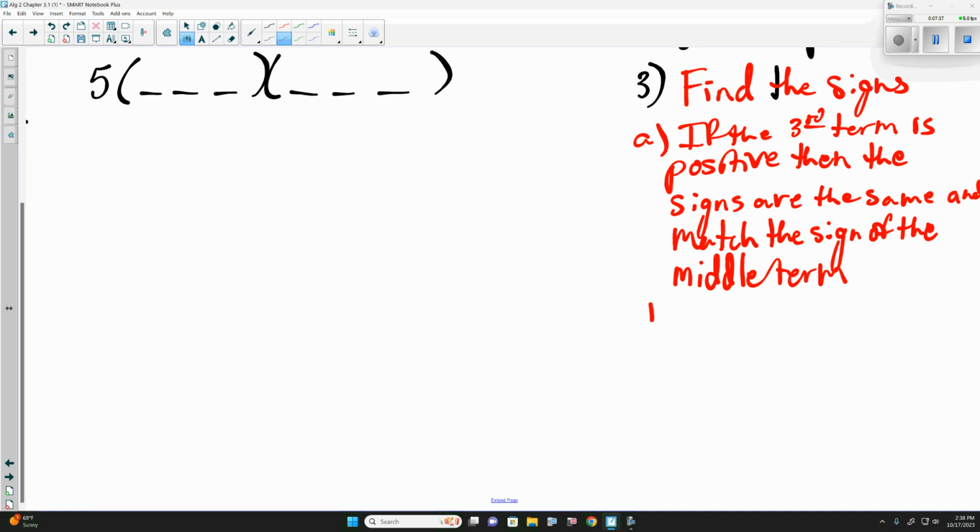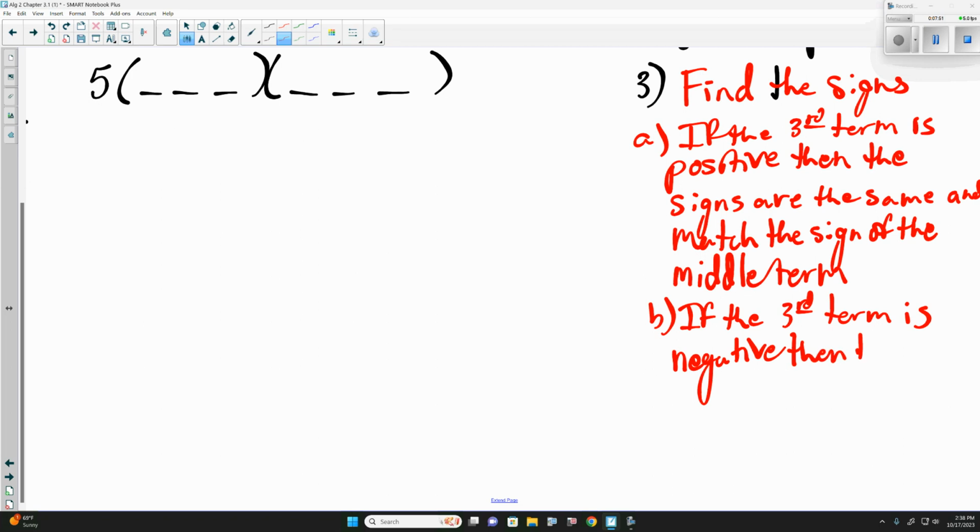So the other part of this: if the third term is negative, then the signs are opposite.